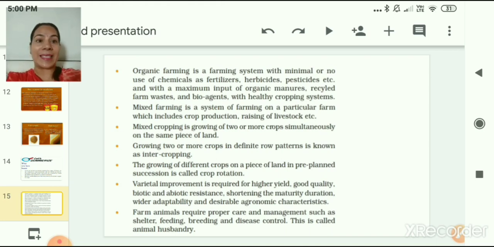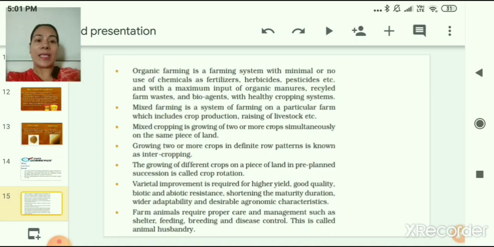Mixed farming is a system of farming on a particular farm which includes crop production, raising of livestock, etc. Growing of different crops on a piece of land in pre-planned succession is called crop rotation.